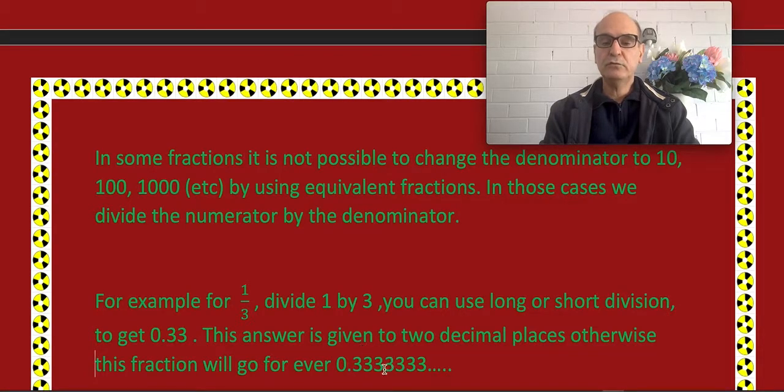If you want to write to 2 decimal places, you stop here and write 0.33 as your answer. Or if you want to be exact, you can put a dot over the 3, and that means this 3 goes on forever. Just write 0.3 and add a dot on top of that. That tells you that this digit 3 goes on forever.